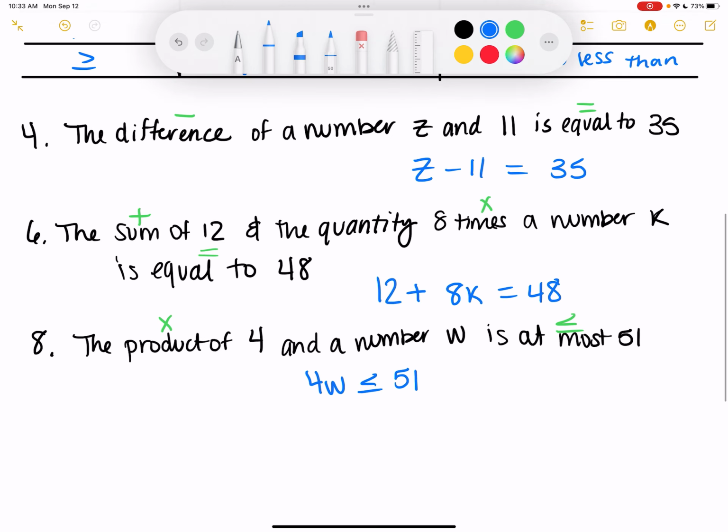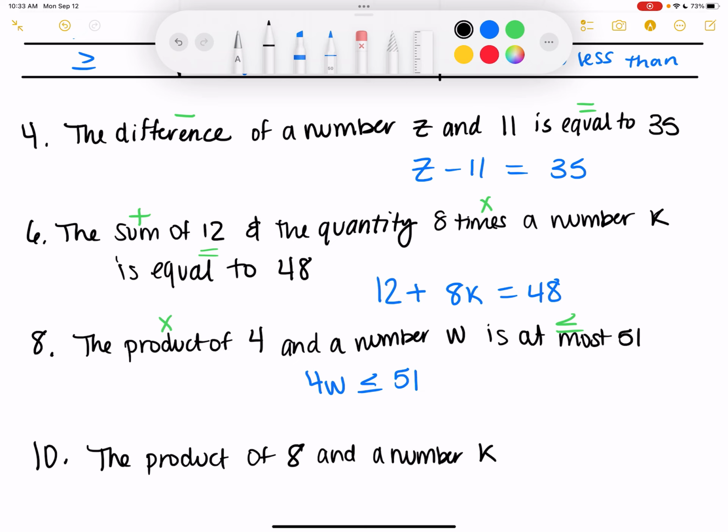All right, one more of this type. Number 10, the product of 8 and a number k is greater than 4 and no more than 16.